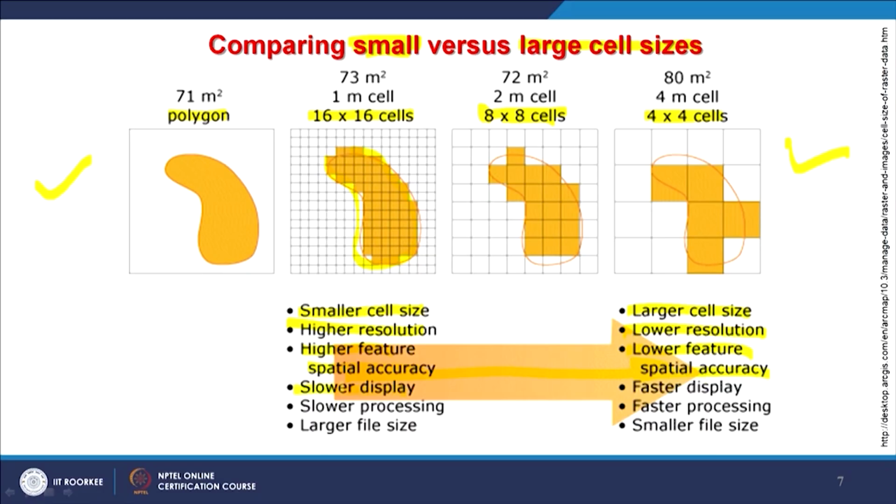Of course, because the number of cells is more, it will take more time to display as compared to the smaller number of cells in the rightmost example. Slower processing, faster processing, large file size, smaller file size. That means if I take this one and this one as examples, both have some advantages or disadvantages.